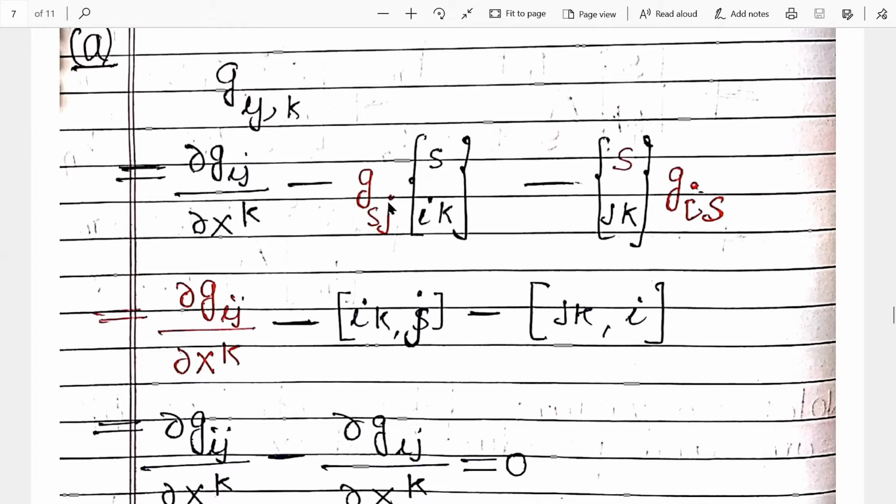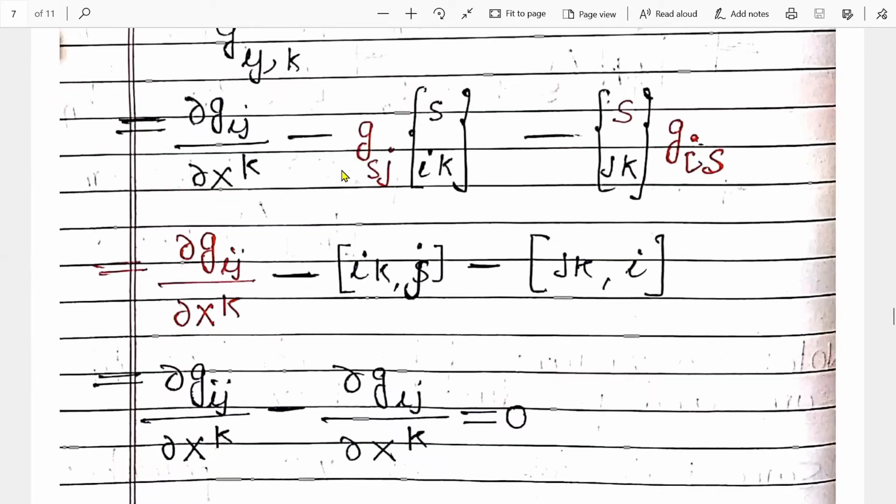So in place of i, we used s. So this will become gsj [is,k]. Minus, in second case, k is at lower part and used j and s. So in place of j, we write s here. So we get these values.